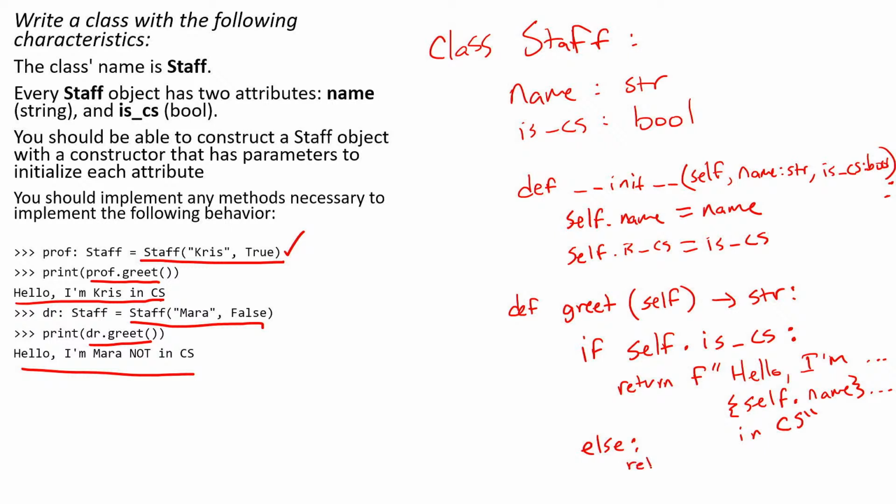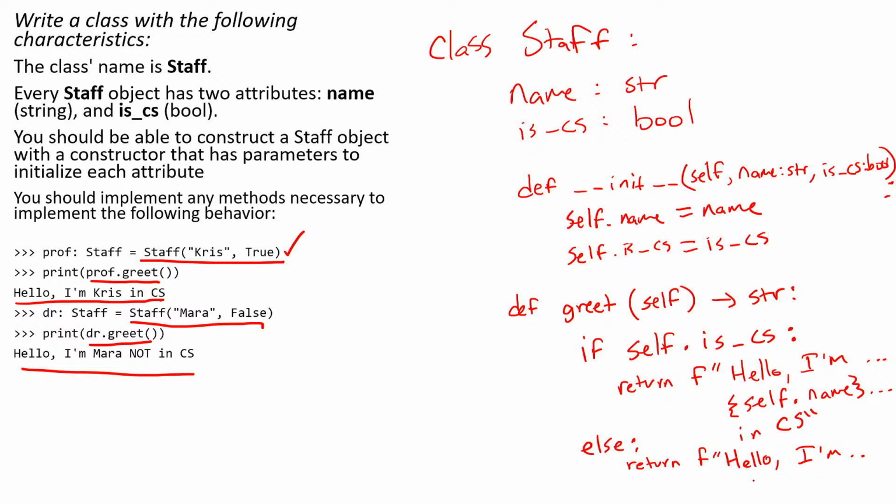Else, I can return an f-string that's very similar, but it'll say "not in CS" instead. And there are other ways that you could have gone about this. We could have concatenated a string and only had the difference be in the concatenation of "in CS" or "not in CS", because the rest of this is otherwise the same.